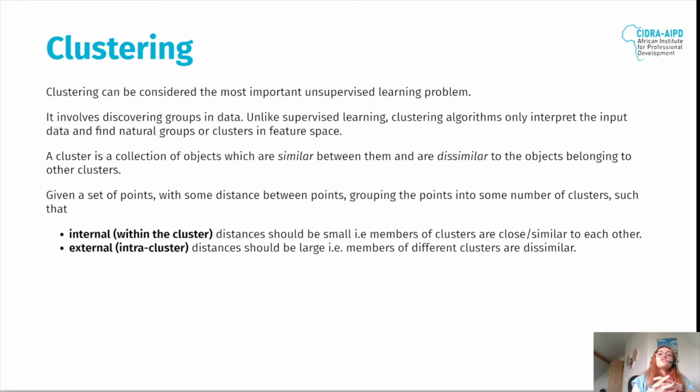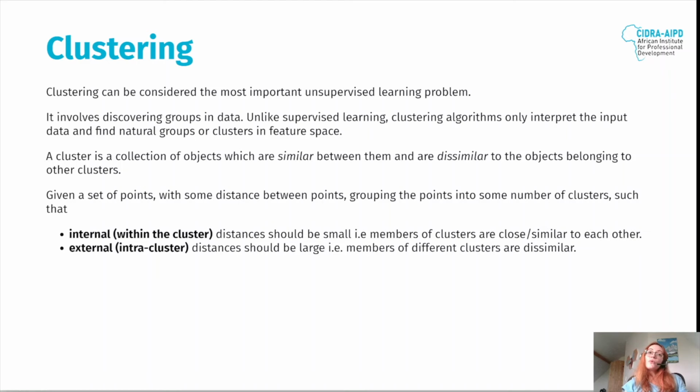So clusters are going to be a collection of observations that are similar between them within the same cluster, but they are going to be dissimilar to the observations belonging to other clusters.